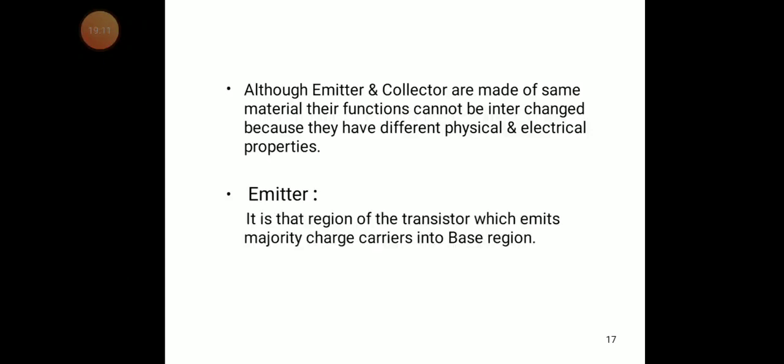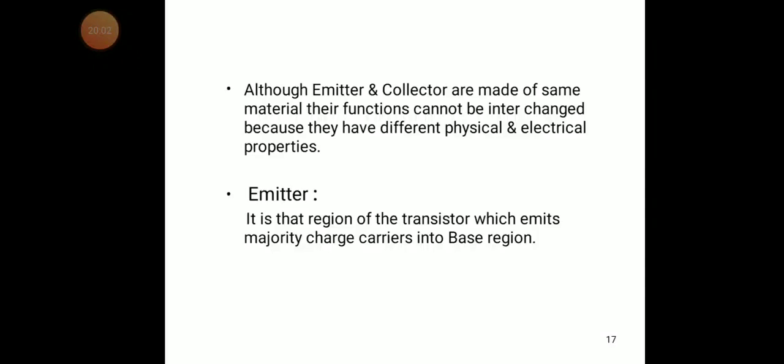Emitter: the emitter is that region of the transistor which emits majority charge carriers into the base region. The next one is the doping concentration.